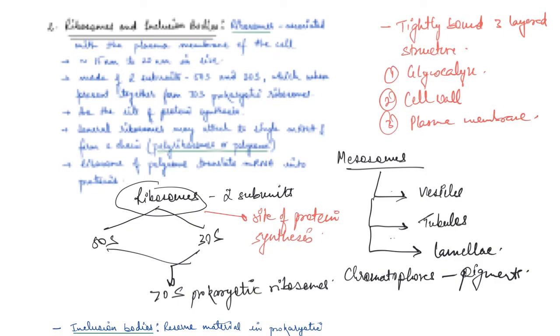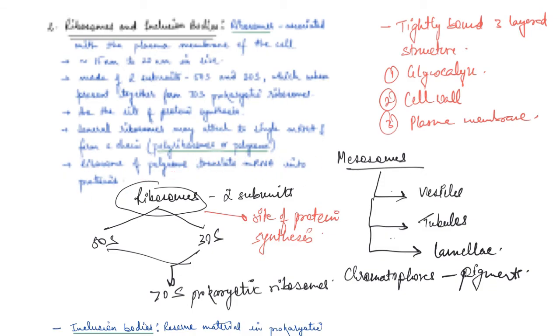Now several ribosomes, a lot of ribosomes, may attach to a single mRNA and form a chain. These chains are known as polyribosomes or polysomes. The ribosomes of these polysomes translate mRNA into proteins.